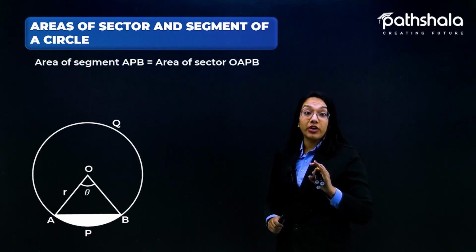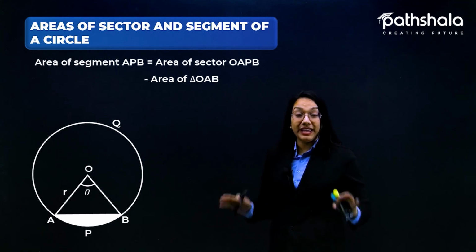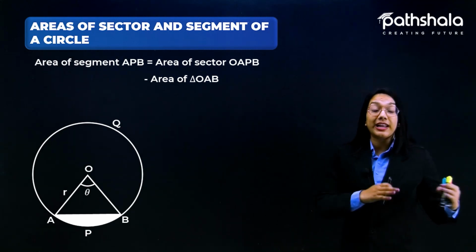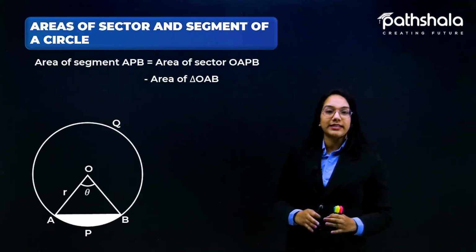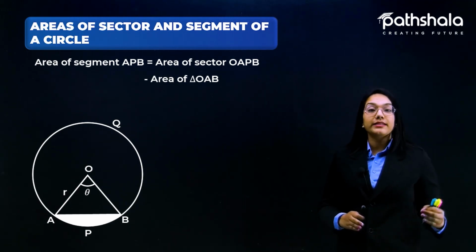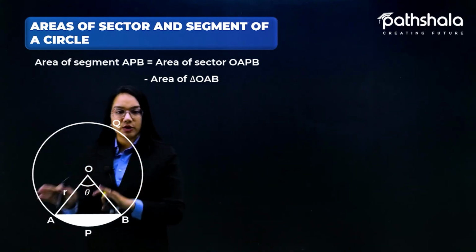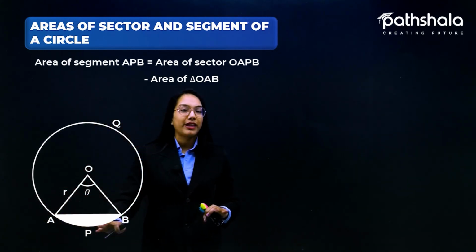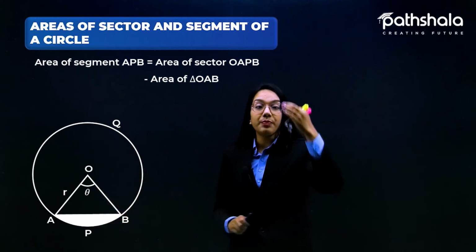As you can see over here, the area of the segment APB, like we discussed before, is equal to the area of the sector OAPB minus the area of the triangle OAB. The area of the segment APB can be calculated by subtracting the two areas in such a manner.